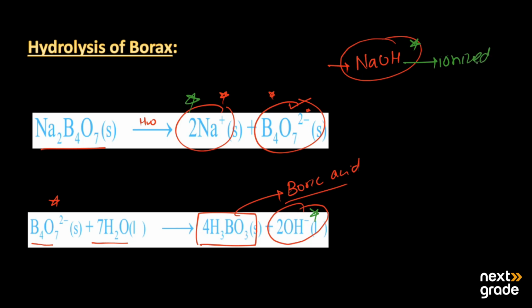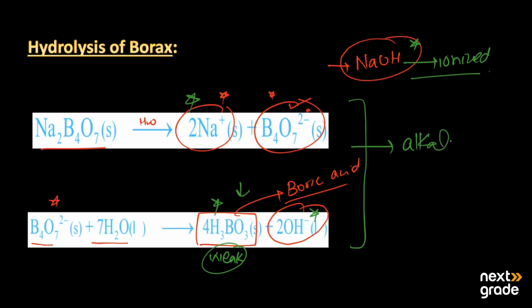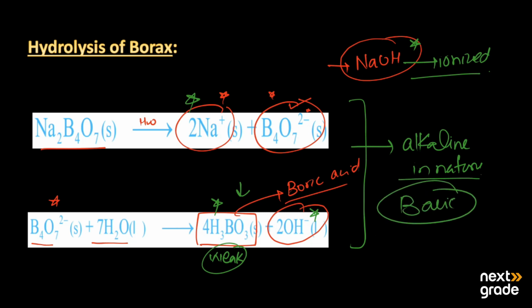On the other hand, we have the production of boric acid, which is ionized only to a small extent because it is a weak acid. Hence, the solution of borax, after complete hydrolysis, is mainly alkaline in nature. Alkaline means it is basic in nature.